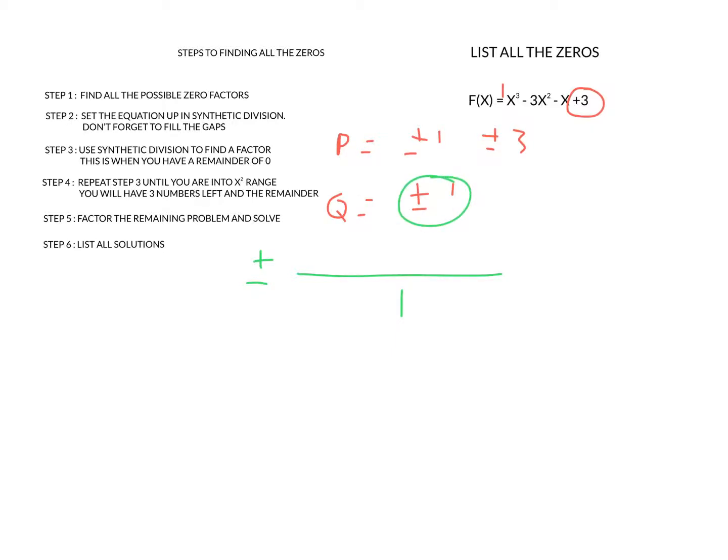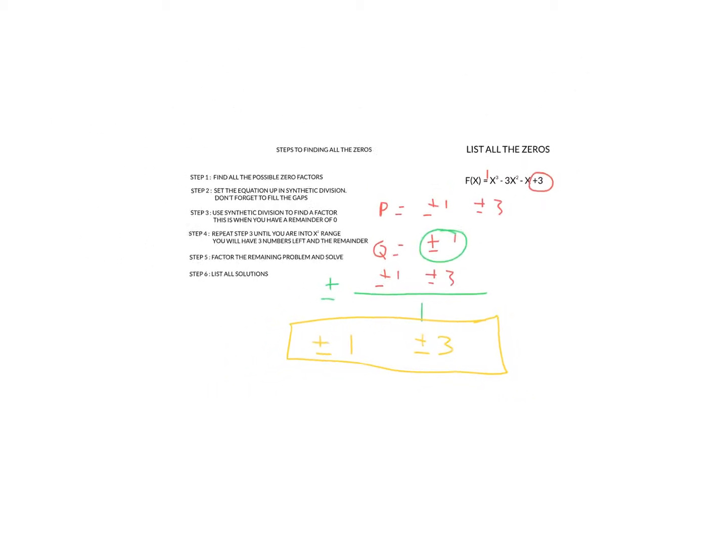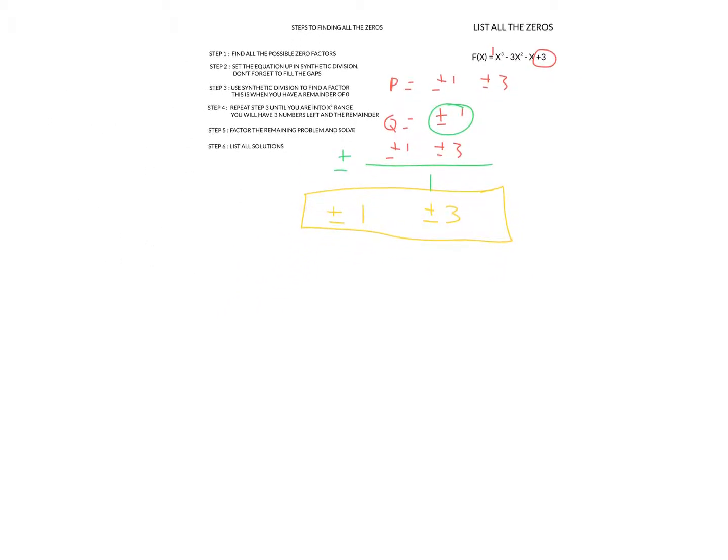And my P values are just plus or minus 1 and 3. So my possible factors, when I do this, plus or minus 1, plus or minus 3. So kind of nice when it does that, because it definitely narrows down the hard work for you in the guessing game.